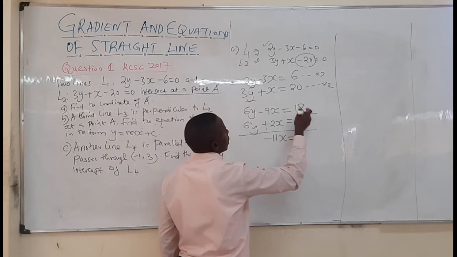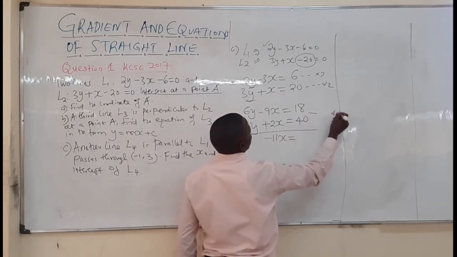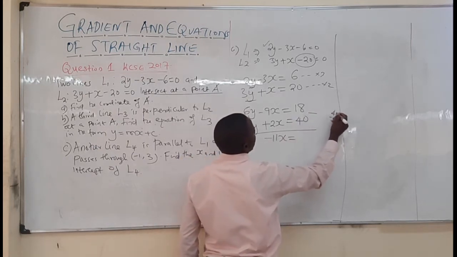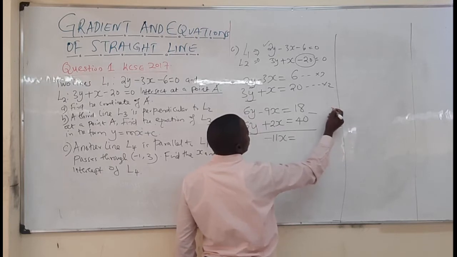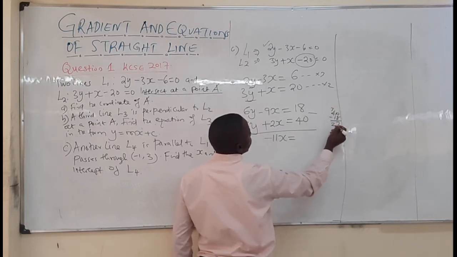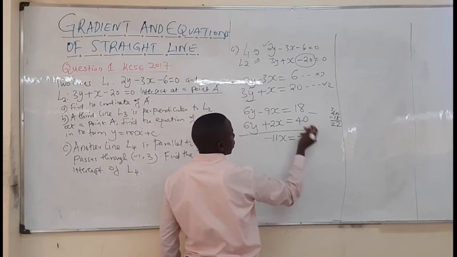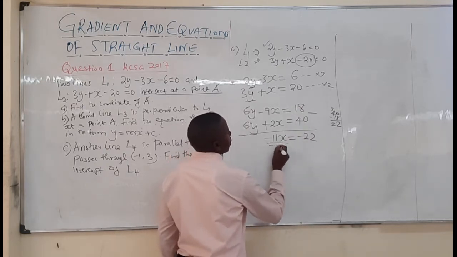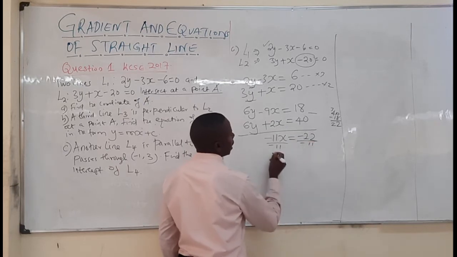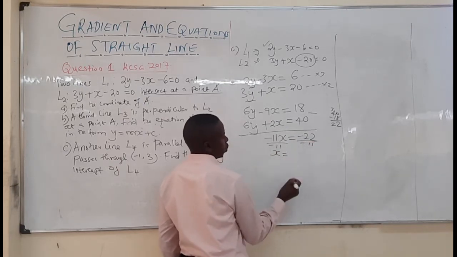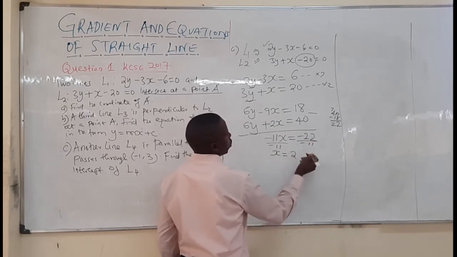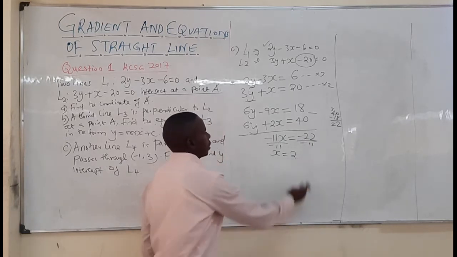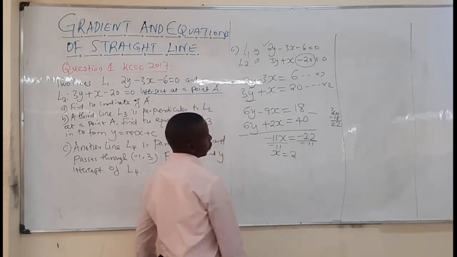Since 40 is bigger than 18, you get minus 22, because the 18 was subtracting 40. Then divide by minus 11 on both sides, and you get x is equal to 2, since 11 goes into 22 two times, and minus over minus gives positive 2.